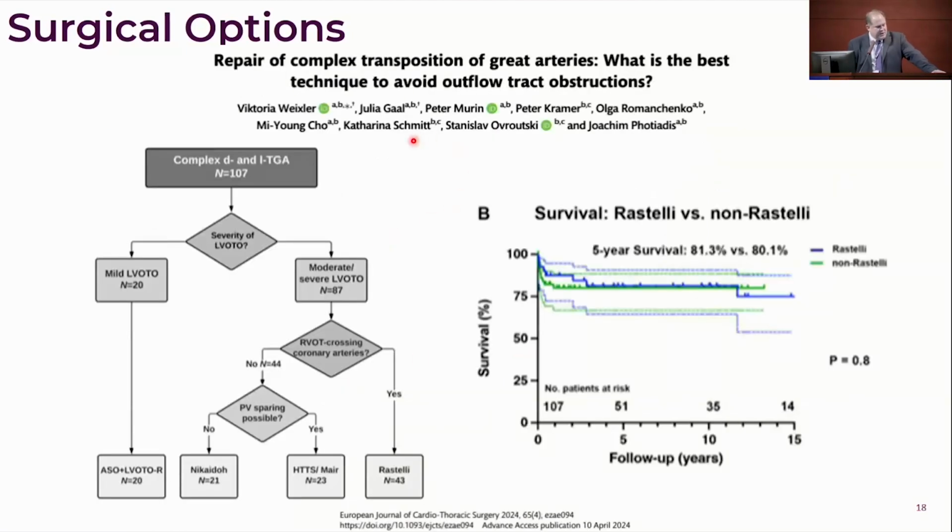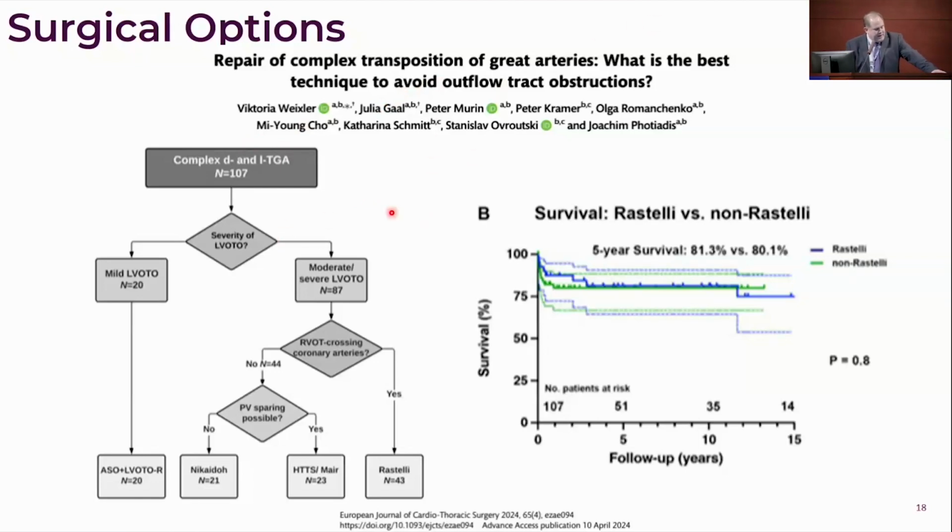On the other considerations, this is from the group in Germany. When they compare Rastelli and non-Rastelli, they consider what they call the half-turned switch, a double root procedure, when they can preserve the pulmonary valve.